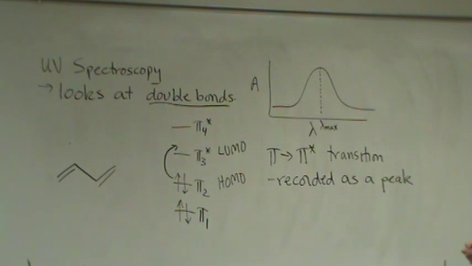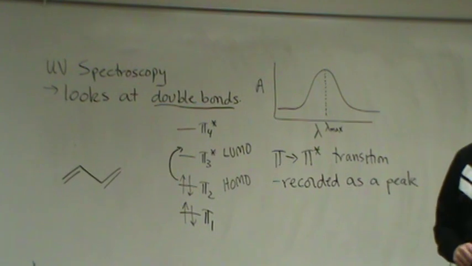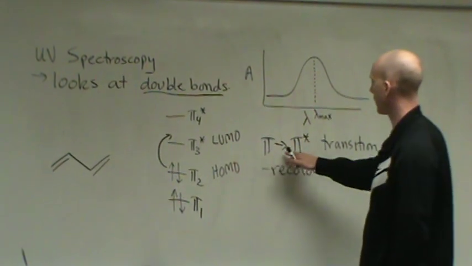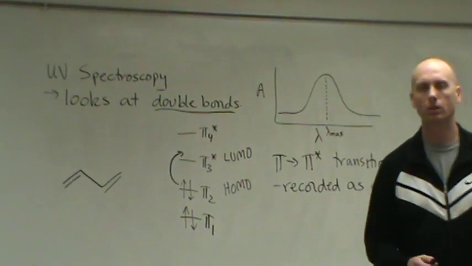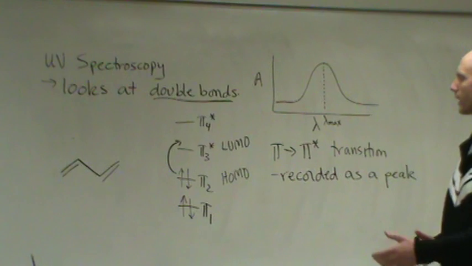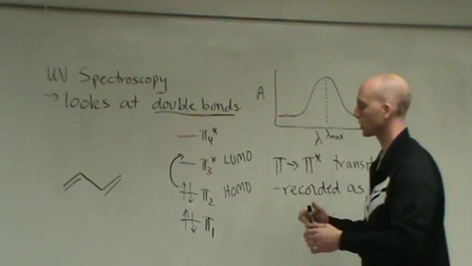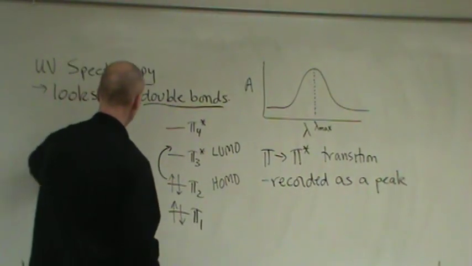Then we record that, and that's part of our data. But that's what we look at, are pi to pi star transitions in these molecules. So if I have double bonds, I'm going to see this. Let's look at a comparison here.